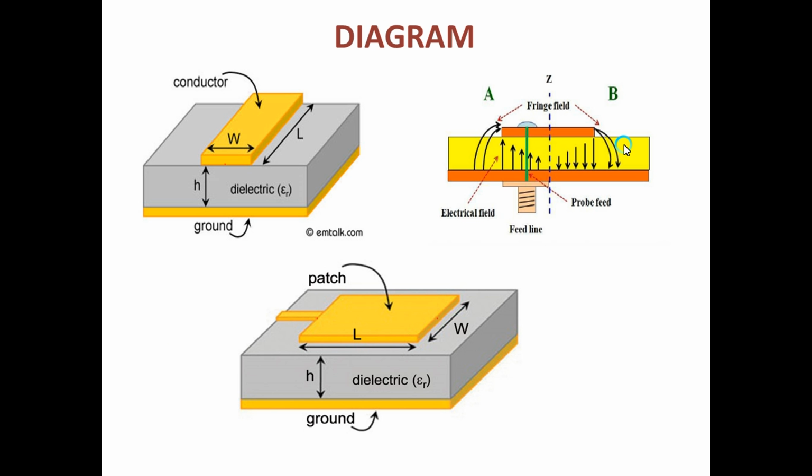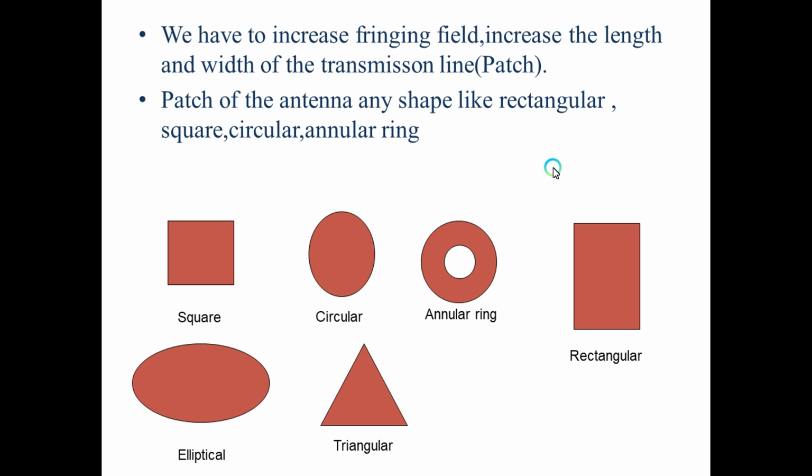One more doubt will come: why is the antenna rectangular? I will tell you in coming slides. We have to increase the fringing fields, since the fringing field is the only thing responsible for radiation. To get more radiation, we have to increase the length and width of the transmission line.